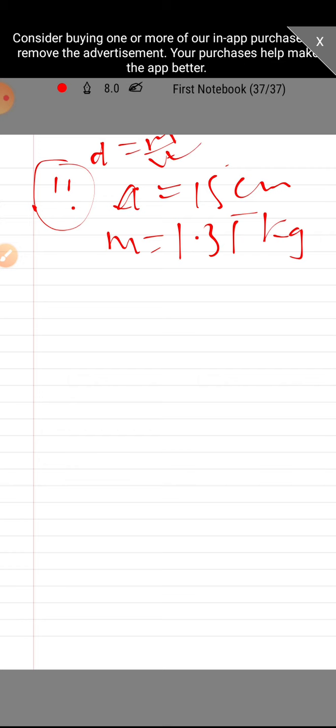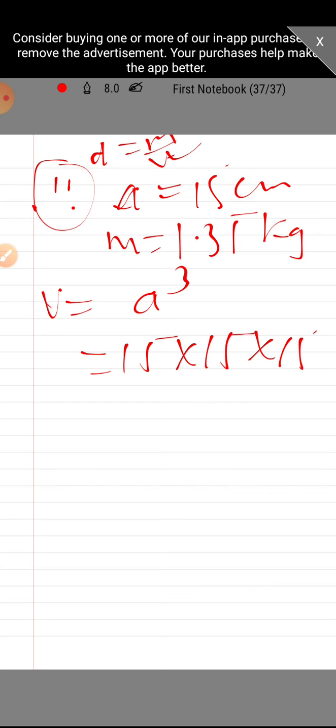So for volume calculation we know that volume is given by side cube, that is A cube. So A is 15 into 15 into 15. Now if we multiply this 15, we get the answer in centimeter cube, but centimeter cube we do not require, we require meter cube.